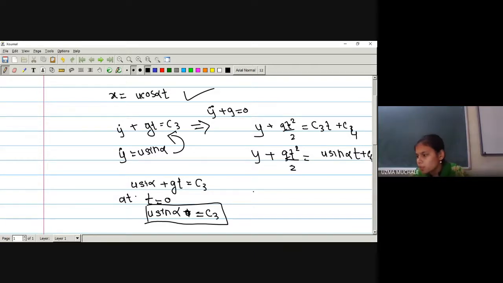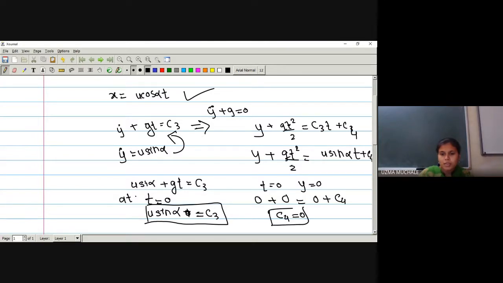Now again, if you use the initial condition at t equal to 0, what will be the condition? X and y both are 0 because you are at the initial position, the origin. So y is 0, t is also 0, and u sin alpha into t is also 0, plus C4. So the value of C4 is 0.